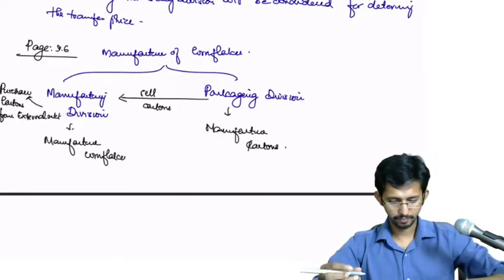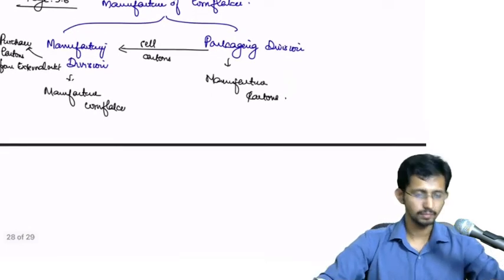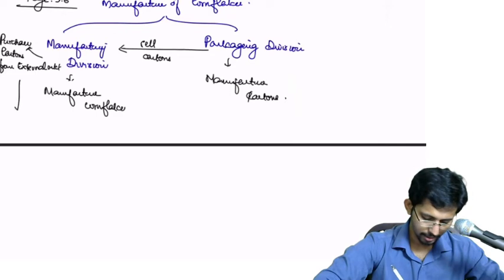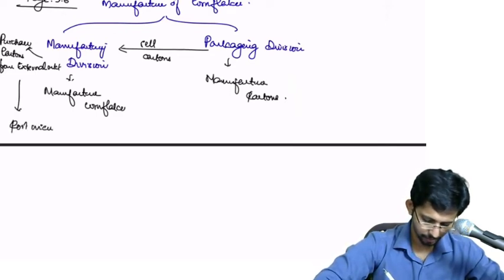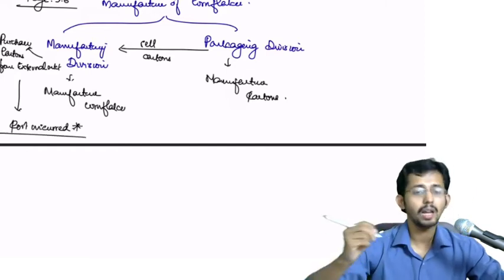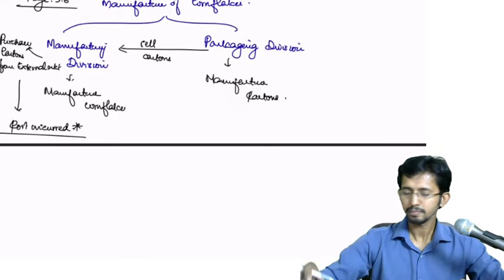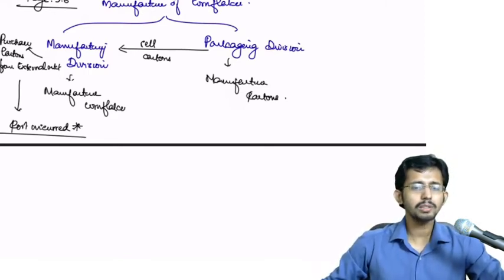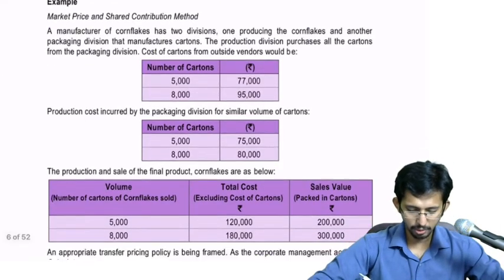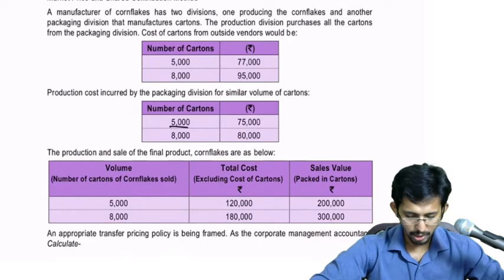Now you have the cost details also. If it is purchased from external customers, then the cost incurred details are available. The production cost incurred by the packaging division for a similar volume of cartons is also available. Am I right?